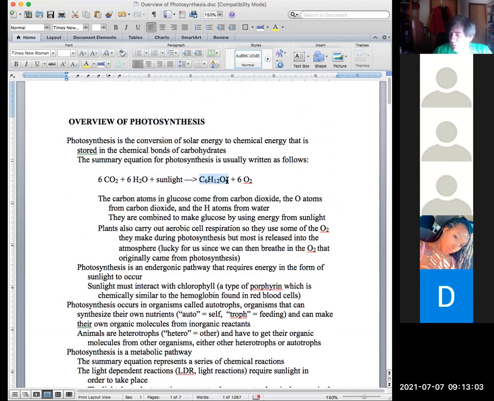Since the reactants are absorbing energy, this is an endothermic or an endergonic pathway. We're adding energy in. We're also taking small molecules, carbon dioxide and water, and combining them into a bigger molecule, glucose. So this is an anabolic reaction.